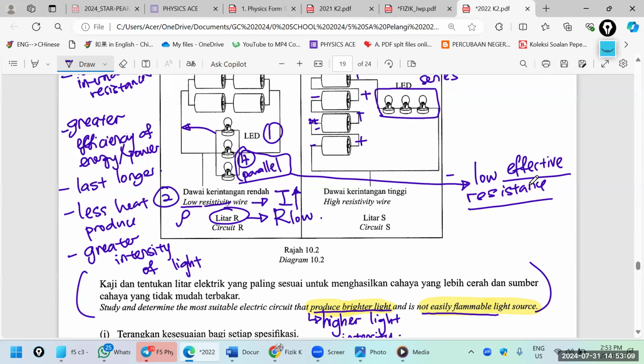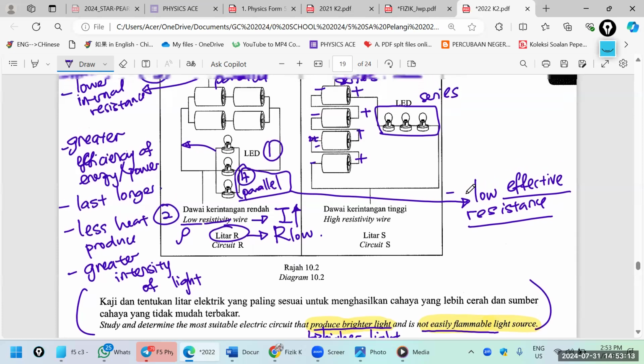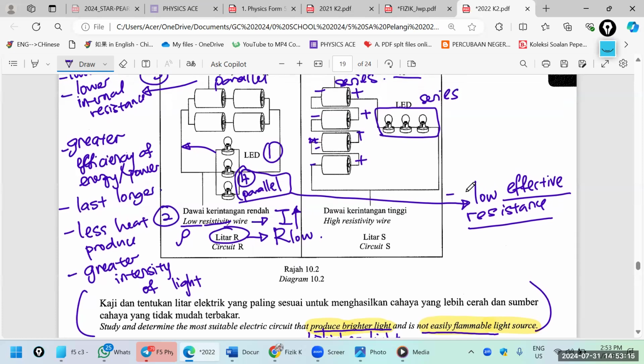Same intensity. Okay. You know what? Actually, if you arrange in series, they also have equal intensity but dimmer. So actually, both equal intensity. This one dimmer. This one we will say brighter, but cannot say brighter.